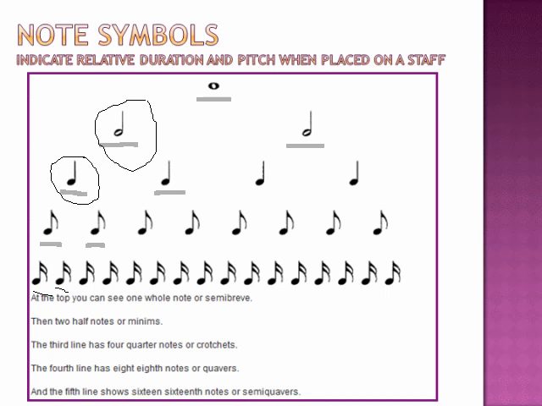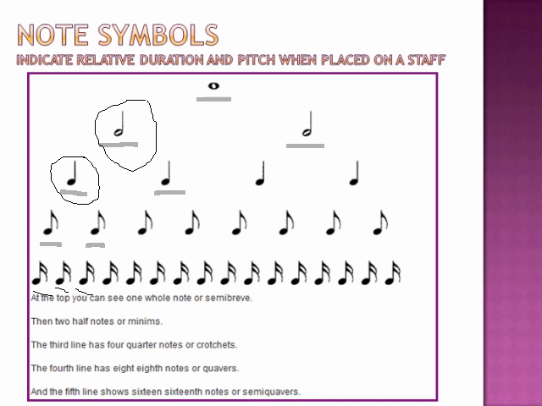The quarter note has 1 stem, and the ball of the note is completely filled in. The eighth note has a stem with a flag, and the 16th note has a stem with 2 flags on it. So if I take the eighth note and I divide it into 2 equal sounds, that gives me 2 16th notes.